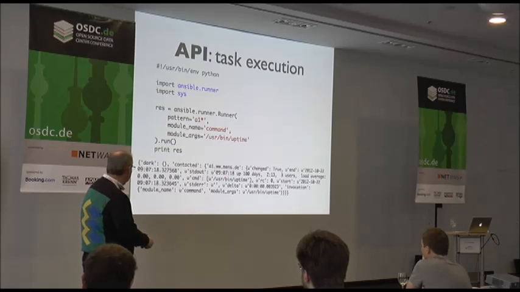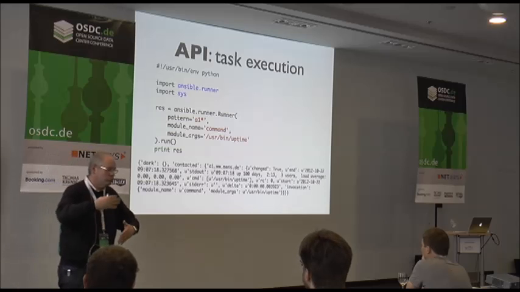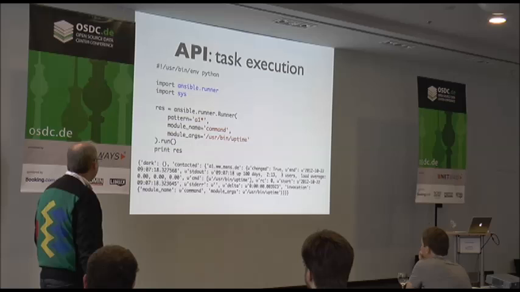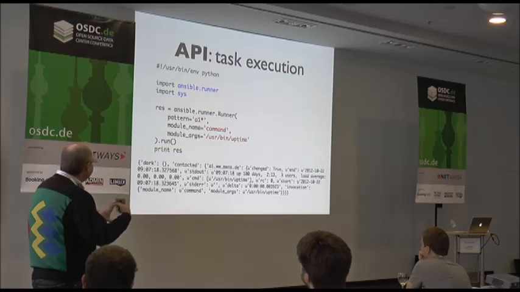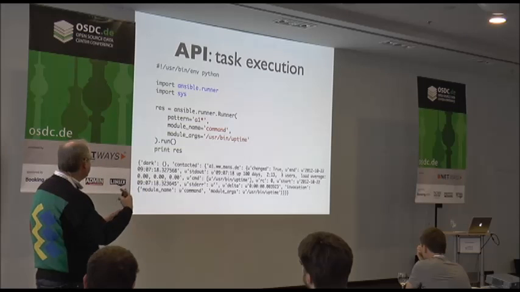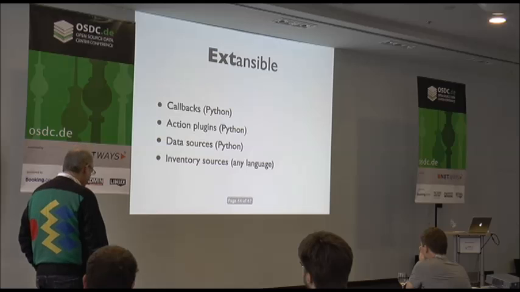And here is the standard out returned from that program. And this standard out, we could then, over a bunch of hosts, use to graph or display in a different way. So we can embed Ansible and all its capabilities, its inventory use, its connection mechanisms, its sudo mechanisms, etc., into our own apps, which is quite nice.